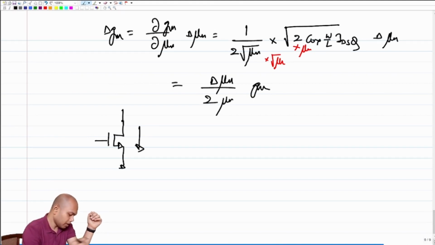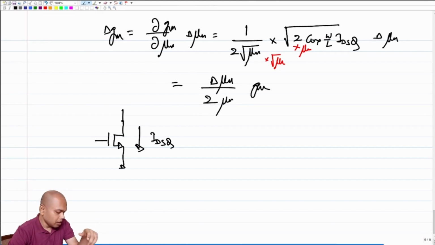Let me not put the current source right now. But we all know that the drain current is the effect, it's not the cause. We have to apply a certain voltage between the gate and the source in order to get a drain current.